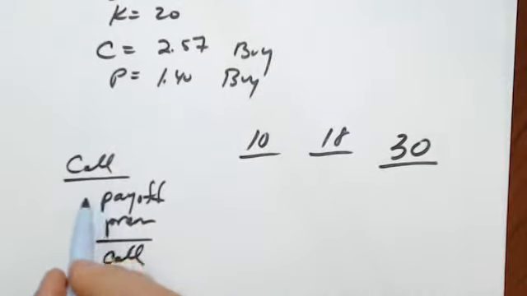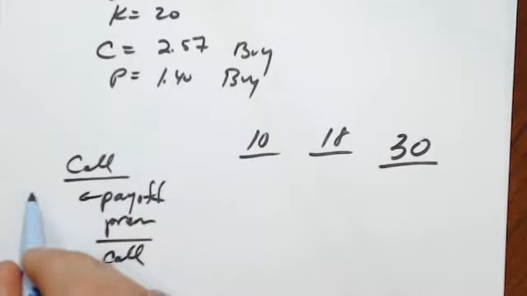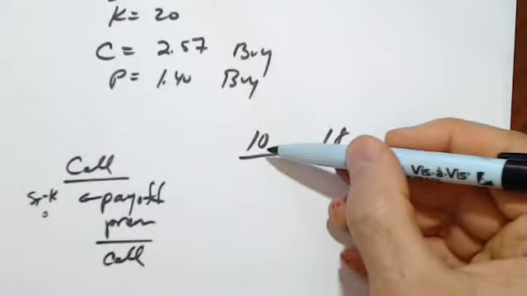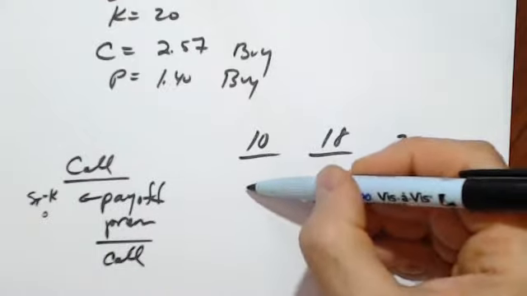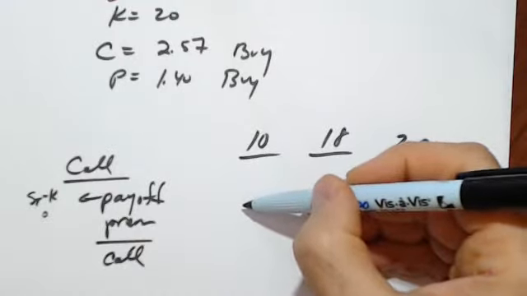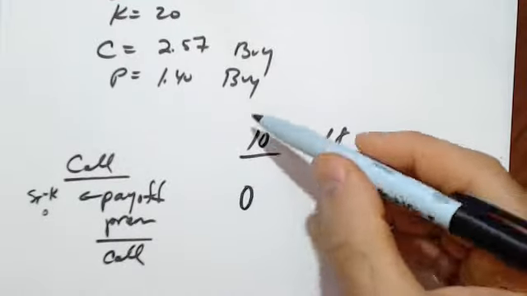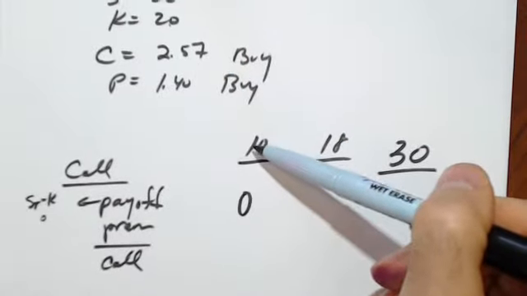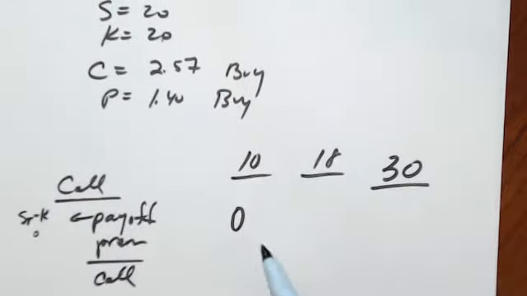Okay, now we know what the payoff on a purchased call is. It's ST minus K if the stock price is above the strike, and it's 0 otherwise. If the stock price is not above the strike, the holder of this, which is you in this case, will never exercise the option and buy it for 20 when it trades at 10. Doesn't make sense.